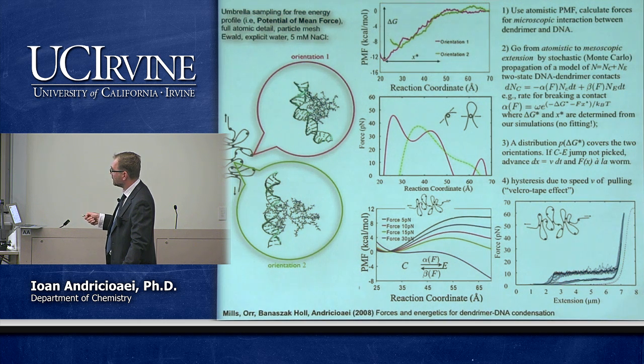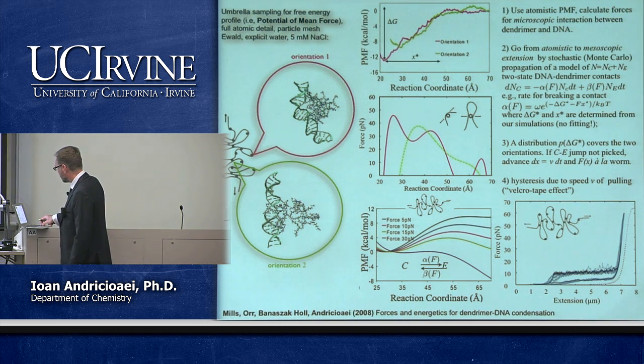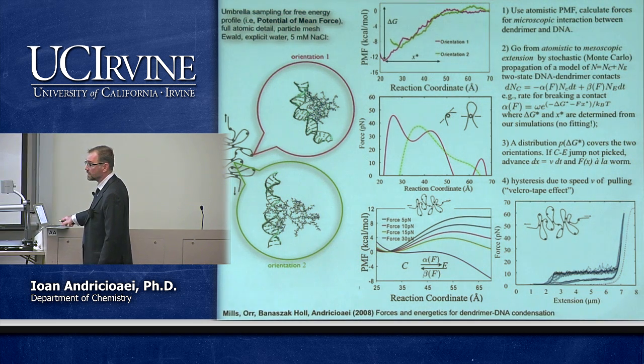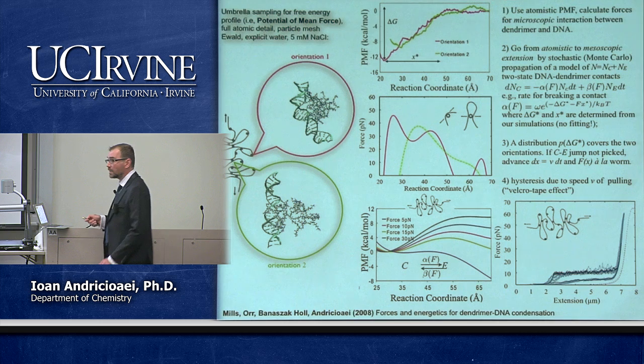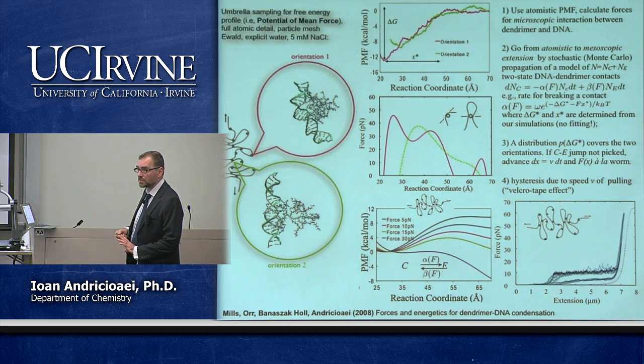Blue is the, for the sake of being exact, the blue is the experiment and the black is our simulation. Note here that there is no fit in the simulation. There is no fitting of parameters to get the experiment. The simulation gets directly the force extension curve via the calculation of the free energy as a function of the extension.